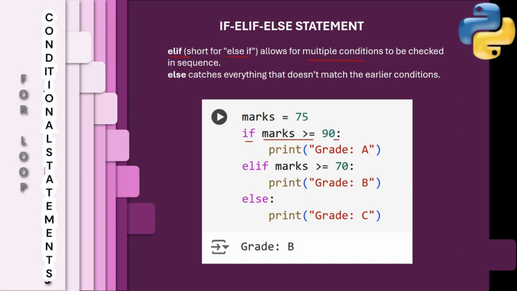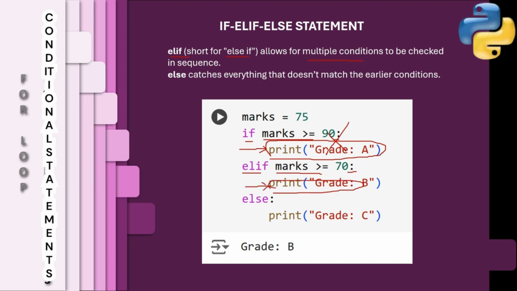After this, an indented block of code to execute if the condition is true. If the initial condition is false, then the elif keyword allows for another condition to be checked. Elif followed by condition, colon, and again an indented block of code to execute if this new condition is true.